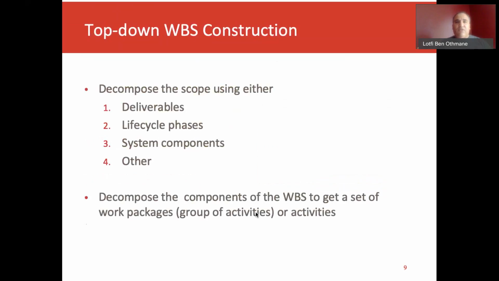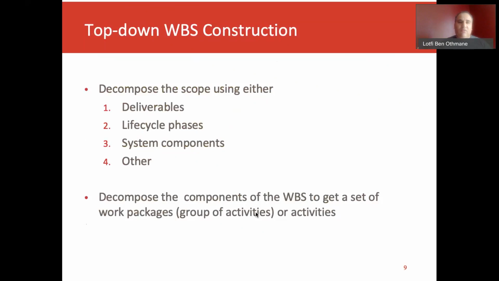If we take the first one, the top-down hierarchical representation, the decomposition is the technique for dividing and subdividing the project scope. So we take the project scope that we have at the beginning and the deliverables, and we want to have hierarchical decomposition. At the first stage, this is level 1, the full project. At the second level, we're going to decompose the project based on the deliverables.